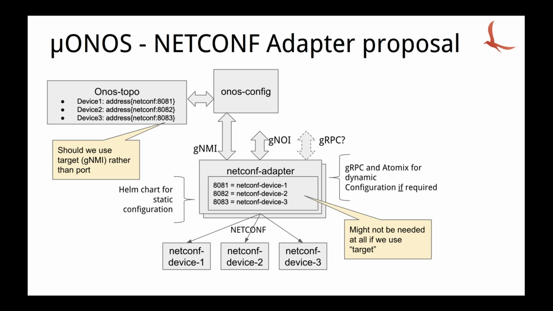At the adapters. What changes do we expect on the Topo side? So there is a target field already there on the device in ONOS Topo. There's a field called target, and it's a string value. We could just fill that in. I want to take a look through it again to see what would be needed from the ONOS config side.